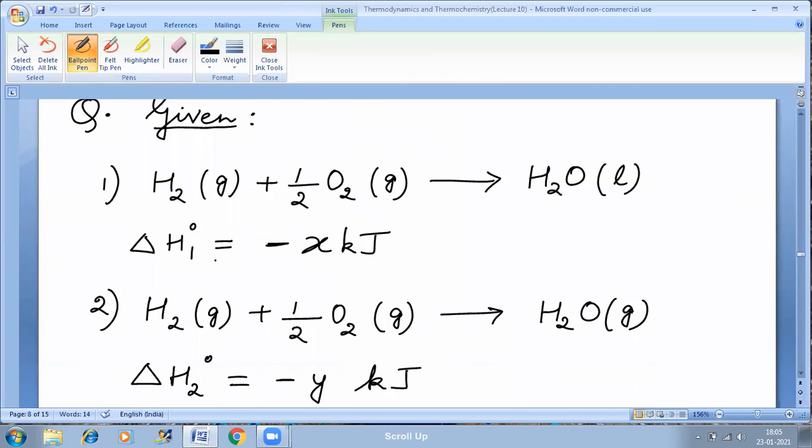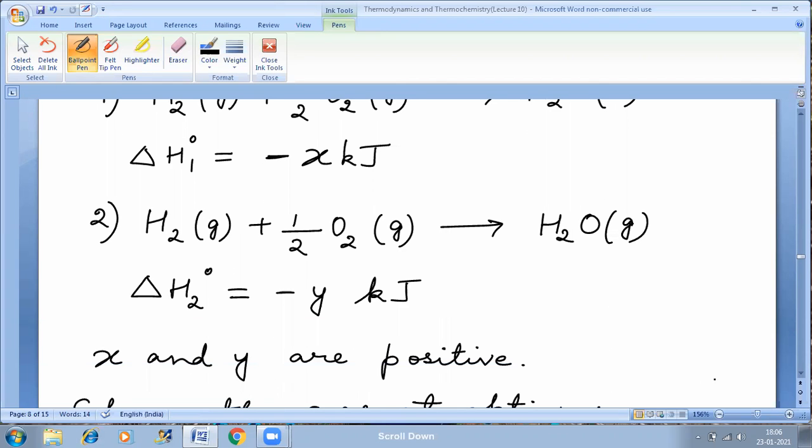Try to solve this question now based on Hess law. All of this has been given in the question. It is also given that x and y are positive.